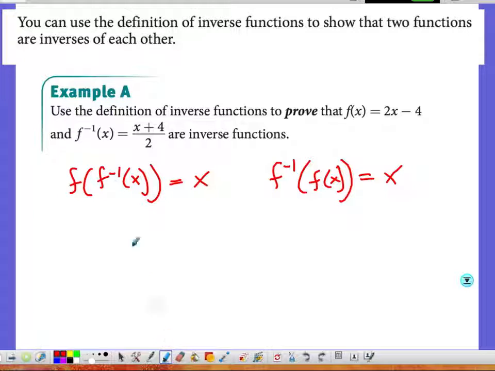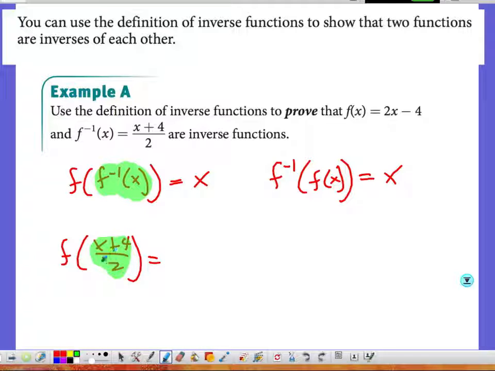What we want to do is notice our inner function in the first one is going to be the f inverse of x. So what is f inverse of x equal to? Well, that's equal to (x plus 4) divided by 2. And so we can go ahead and take this now.